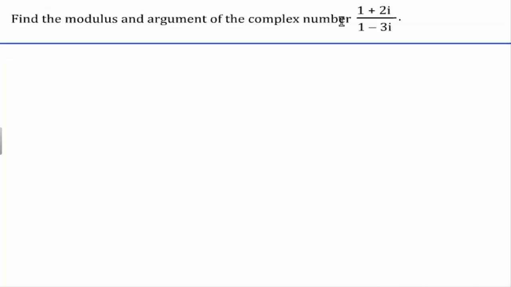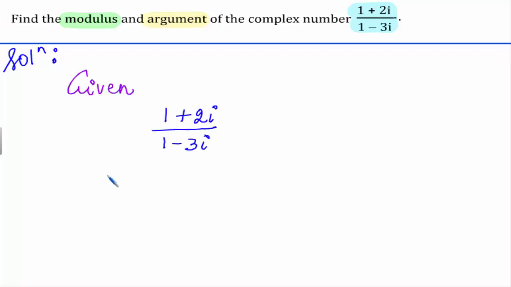In this problem, we are given a complex number. We need to find its modulus and argument. Let us begin with the solution. The given complex number is 1 plus 2i divided by 1 minus 3i.